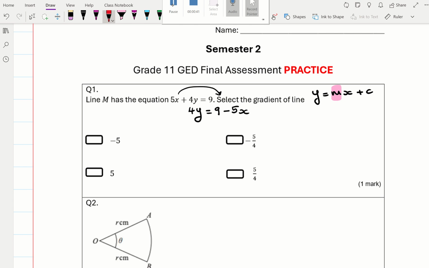And then you have to divide everything by 4. And you get y equals 9 over 4, which is c, the y-intercept, minus 5 quarters x. So your gradient is negative 5 over 4, which is this one.